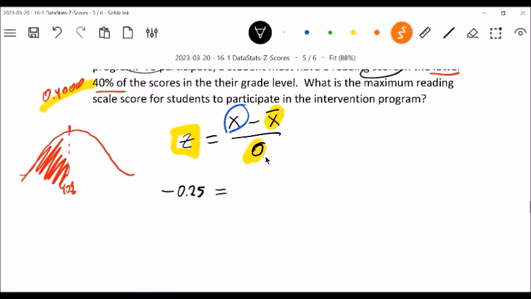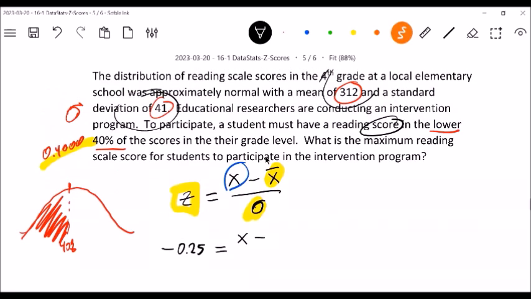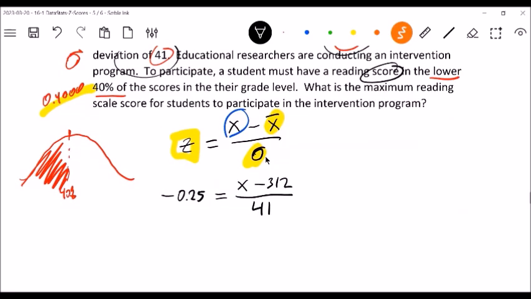That was the z-score for the x that we want, minus the mean, 312, divided by the standard deviation of 41. So now we're going to multiply 41 times negative 0.25, and that gives us negative 10.25 equals x minus 312.